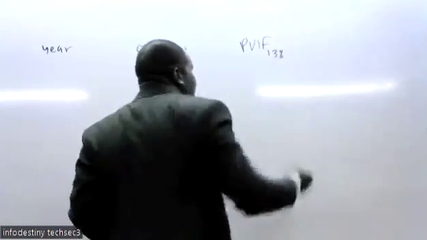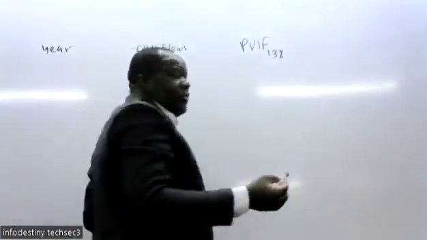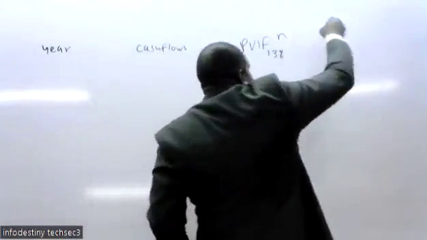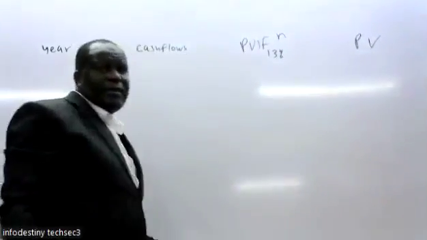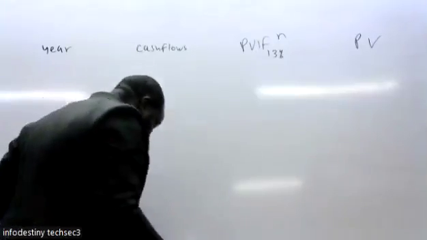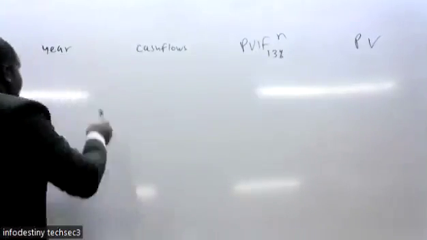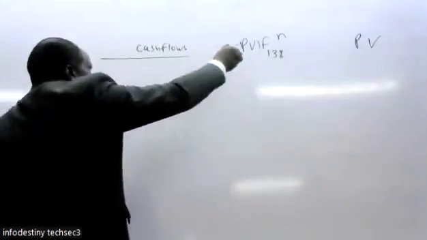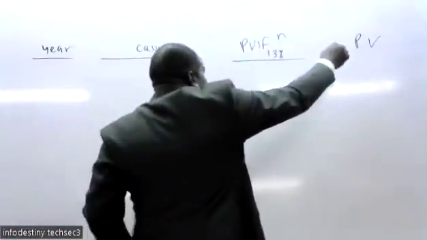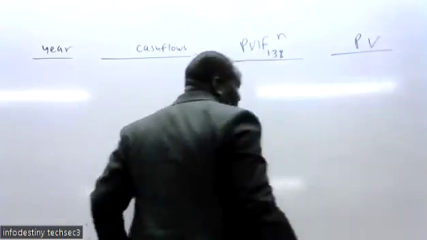It is 13% each year, so that you get the present value. Cash flows are not the same, so we need to discount them. It's in the first table.